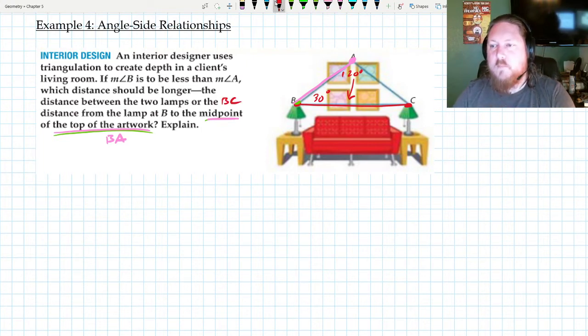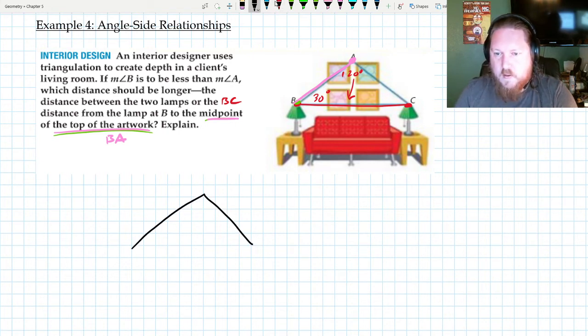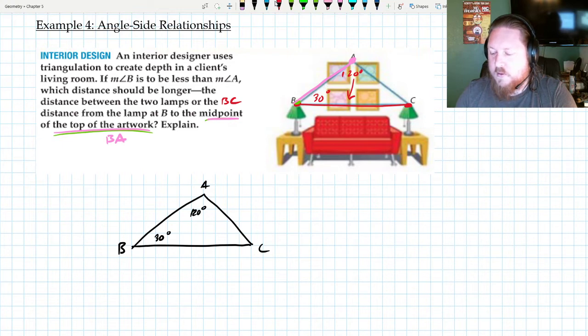Okay, so let's just redraw this triangle now. Looks something like this. I made up 30 and 120, but it seems to not really matter that much. Angle B, angle A, and C. So we're comparing BC, I'll put a little question mark here, and BA.